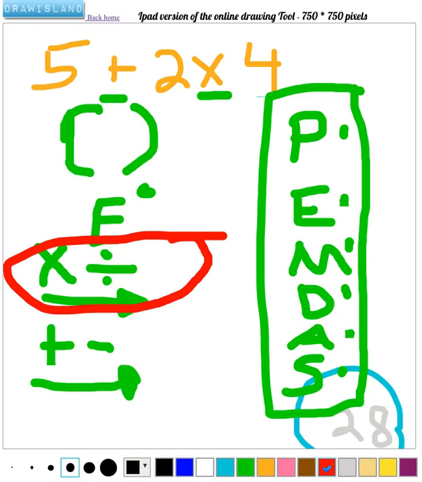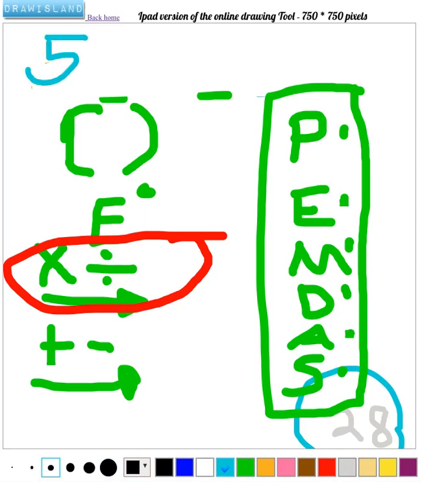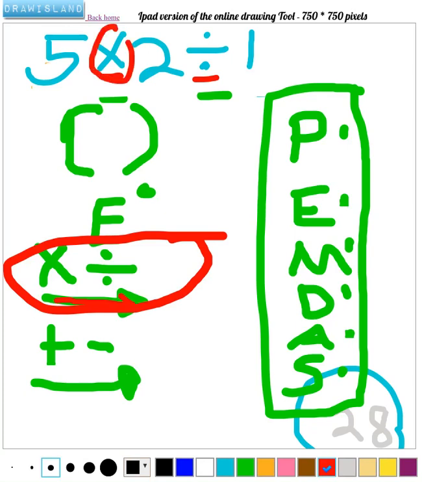Well, suppose you have a question like 5 times 2 divided by 1. With the arrow going left to right, it means these two are equal, but you do the one on the left, which in our case is multiplication, before the one on the right, which in our case is division. So that's the order of operations.